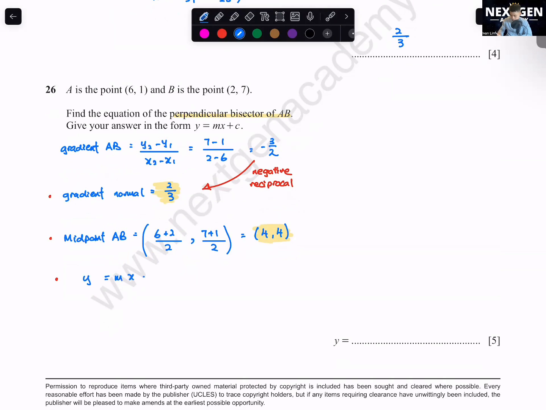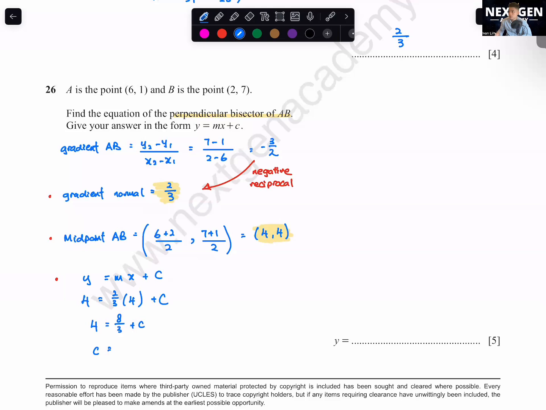Some of you will ask me, teacher, can I use the formula y minus y1 equals m bracket x minus x1? Technically can, but you just hope that the marker understands what you are doing. So y equals mx plus c. We put 4 equals 2 over 3 times 4 plus c. This will be 8 over 3 plus c.